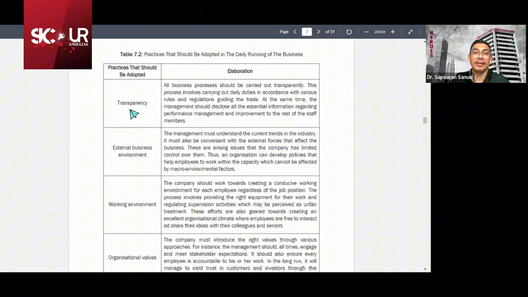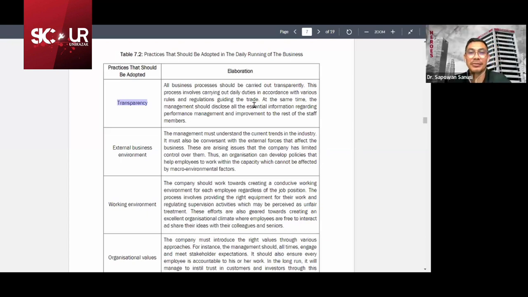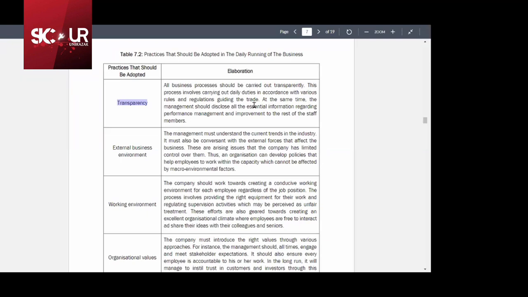Yang pertama, transparency. Do we get this transparency on each day of our business operation? Dia dapat tak? Senang? Most of the information are sulit, is it? Private and confidential.